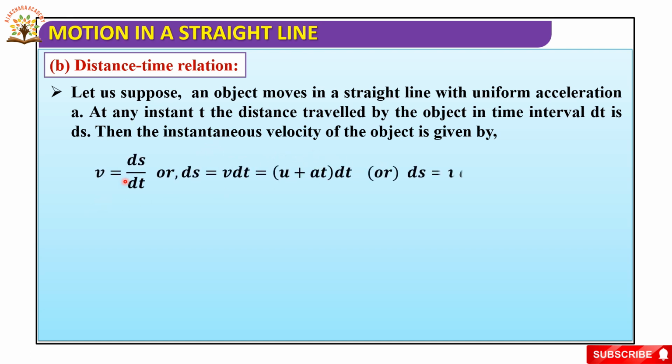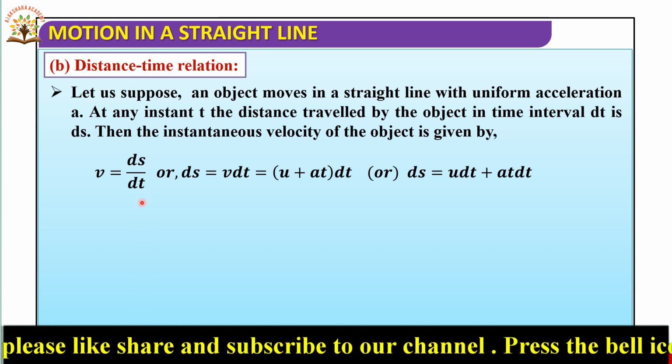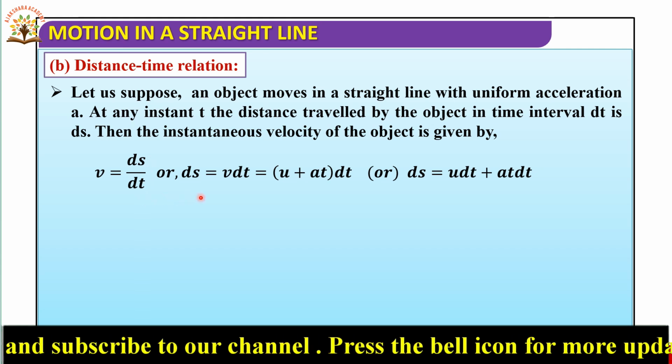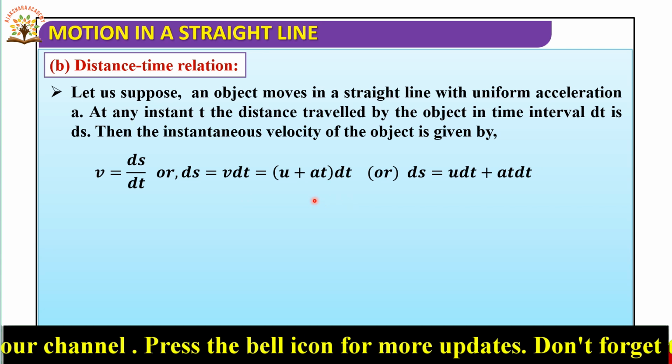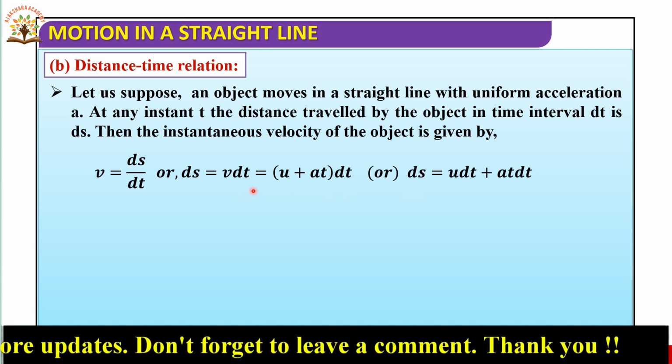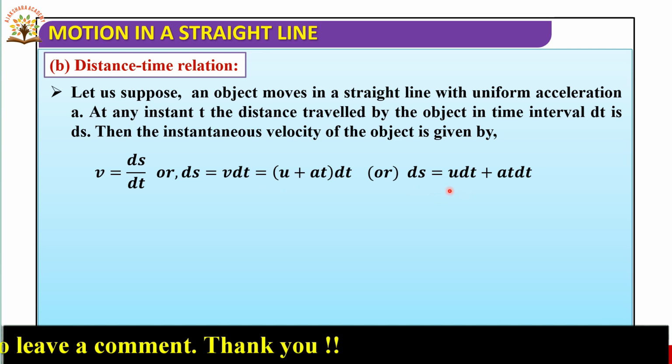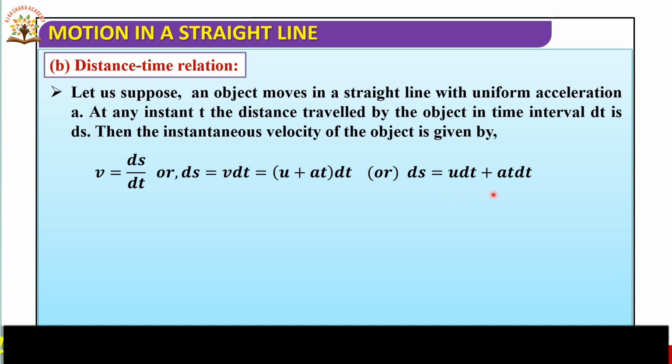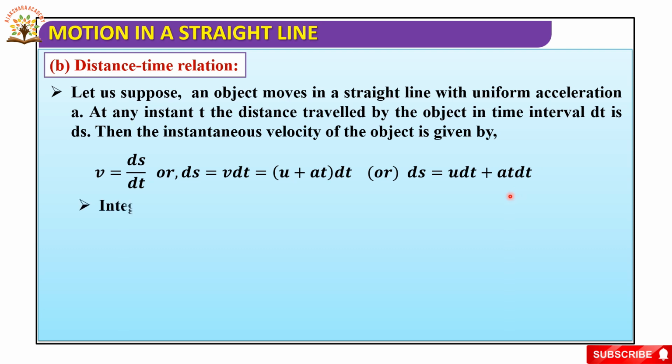So v is equal to ds by dt, or ds is equal to v into dt. V is equal to u plus at, into dt. So this can be written as ds is equal to u dt plus at into dt.